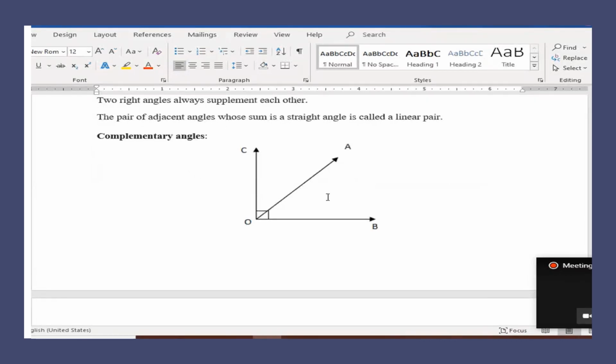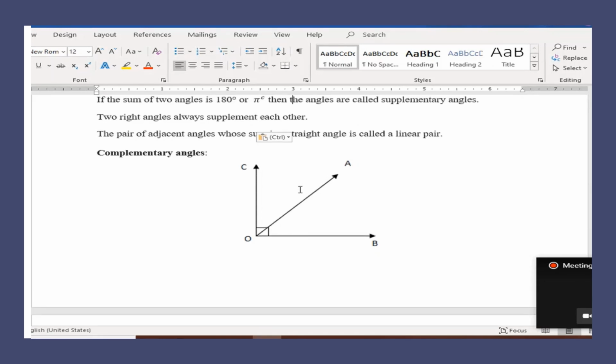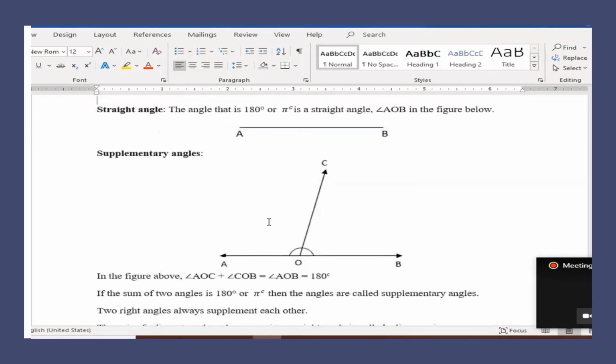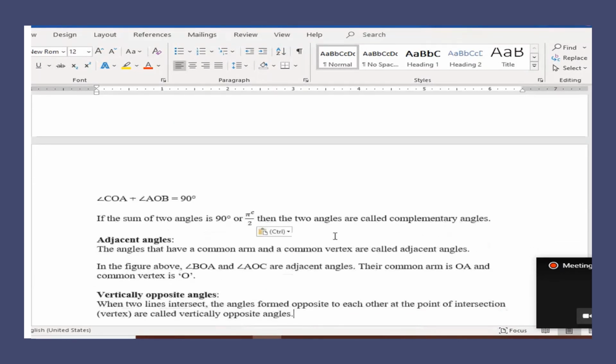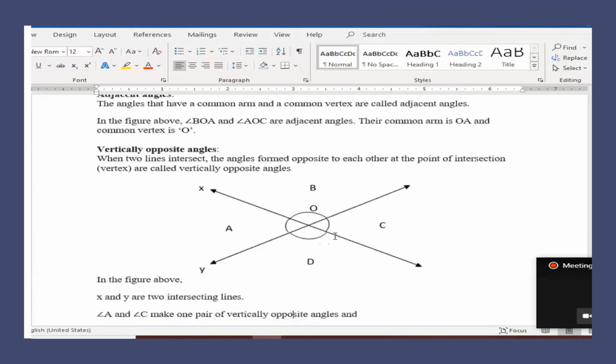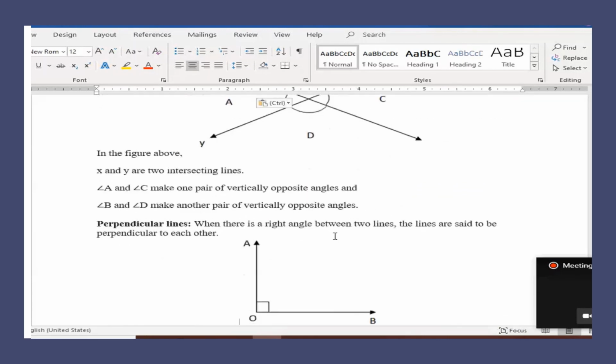These two are adjacent angles, but there is a specific kind of adjacent angle called complementary. These two are adjacent angles, but there is a specific type of adjacent angle, which is a supplementary angle. So we have to make that distinction.